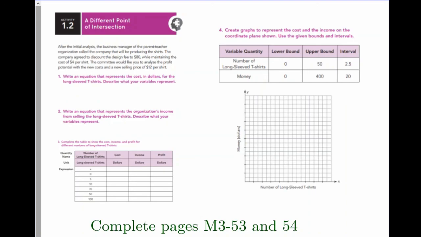Except you're going to have to read the paragraph closely because some of the costs and the pricing has changed. So what I want you to do now is read through that paragraph at the top of M353, circle the things, the prices, the discounts, all that stuff that's important, okay?